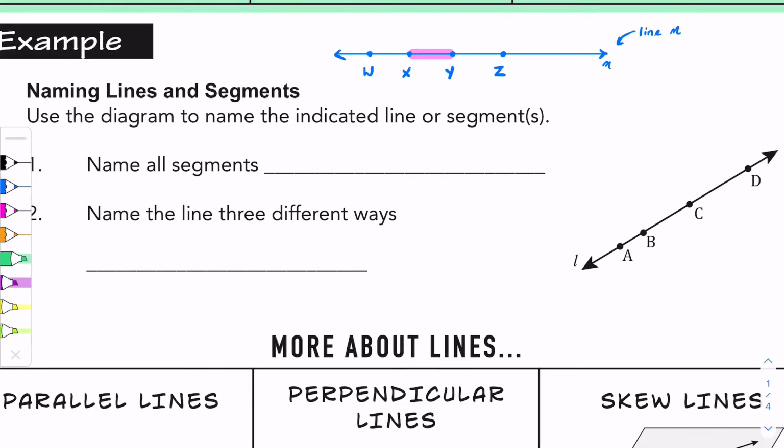So let's start with labeling the first one as segment AB. I'm going to do all of my small individual segments. So AB, next I'm going to label BC. Also could be CB if you want to. Then I have CD.